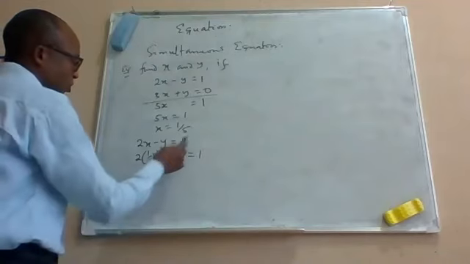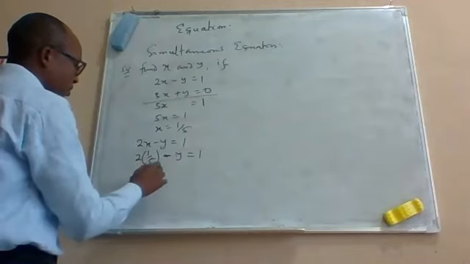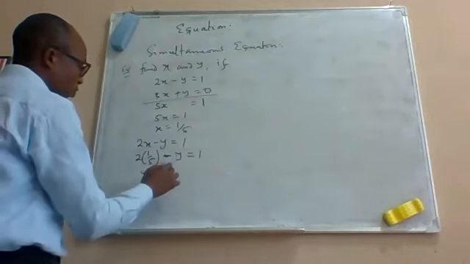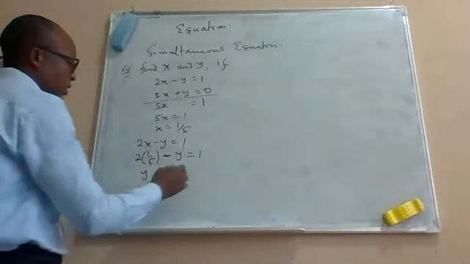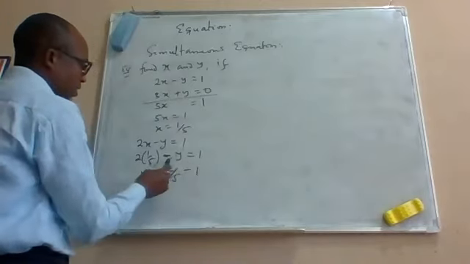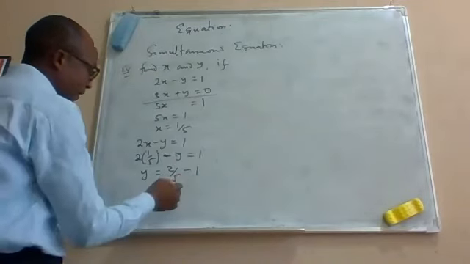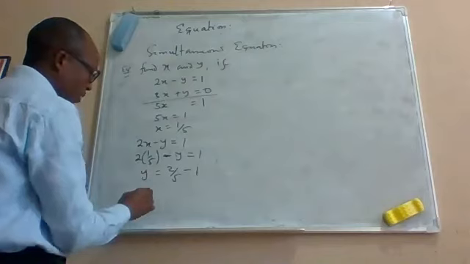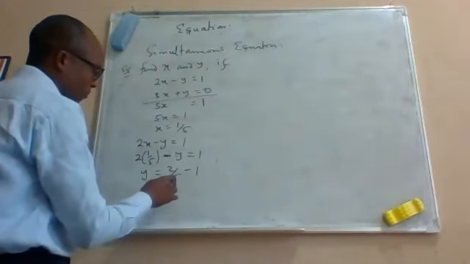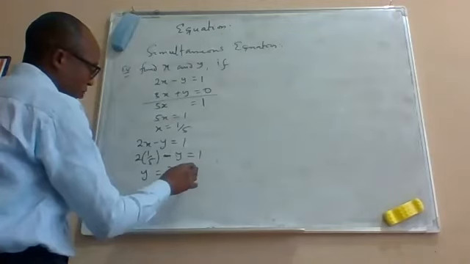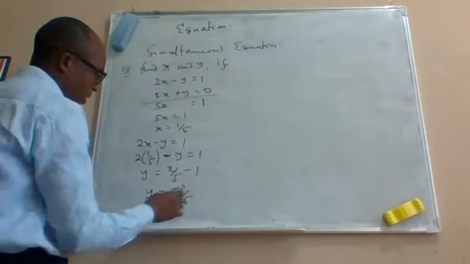I can take this y to the other side and bring 1 inside, so that 2 over 5 minus 1 is equal to y. Then find the LCM of these two. When you find the LCM correctly, this will be 5 times 1, that is 5, 2 minus 5, that will give me minus 3 over 5.